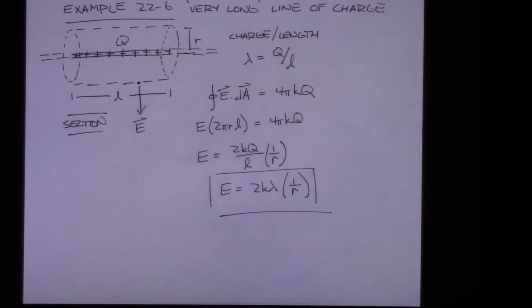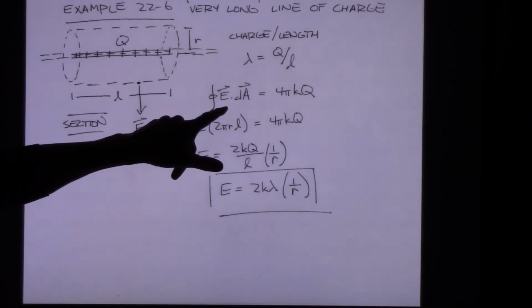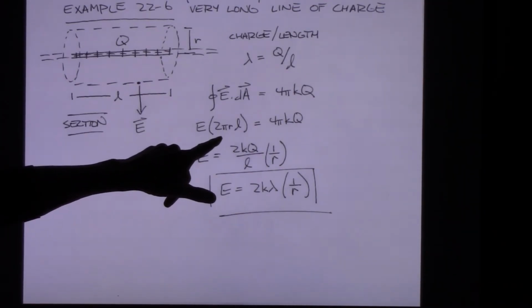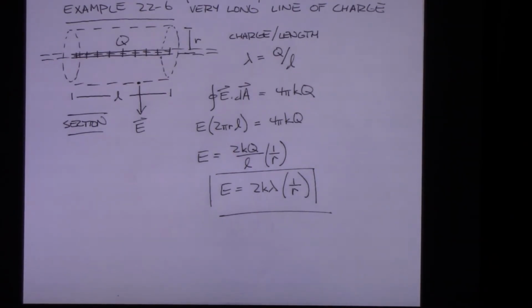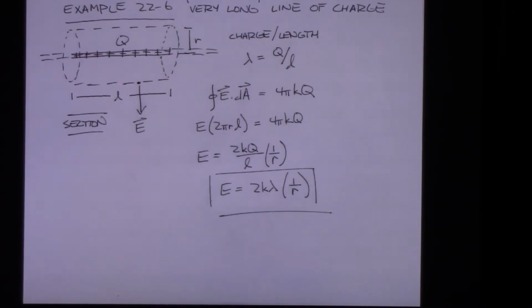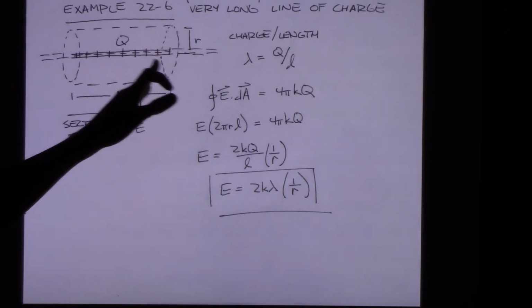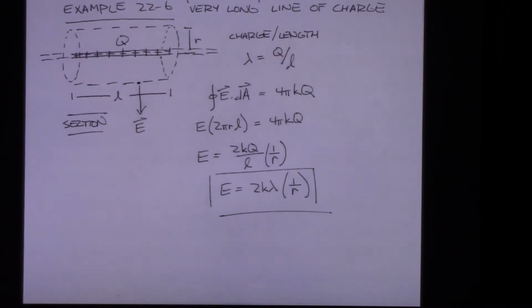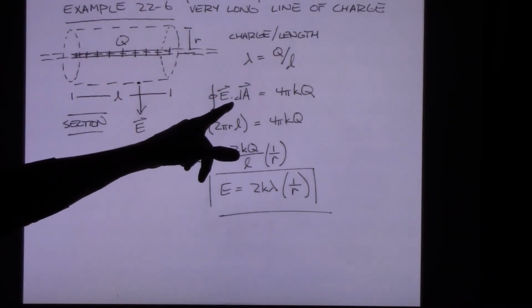So let's bring Gauss's law back in. The left side of the equation, again, will integrate out to an electric field times an area. Now the area this time is not a sphere. The area consists of a cylindrical curved section along with a couple of end caps. Now the circles on the ends of the cylinder, there's no E field going through those, so those don't contribute to the flux.